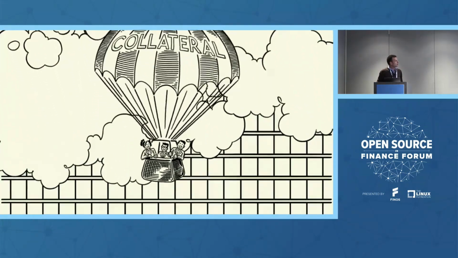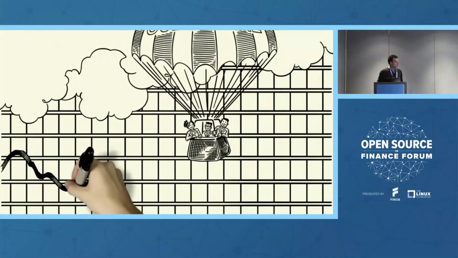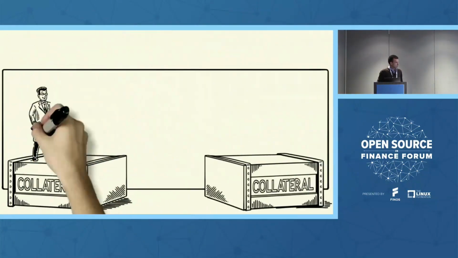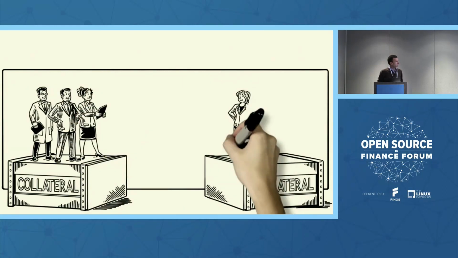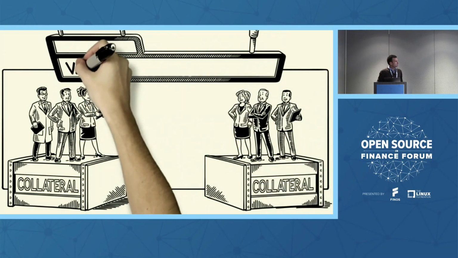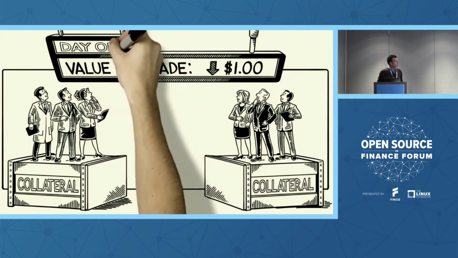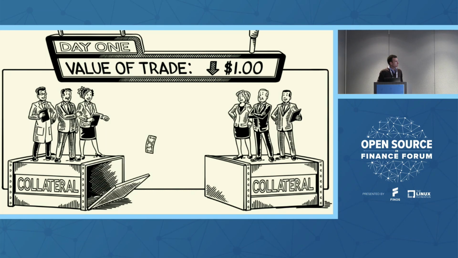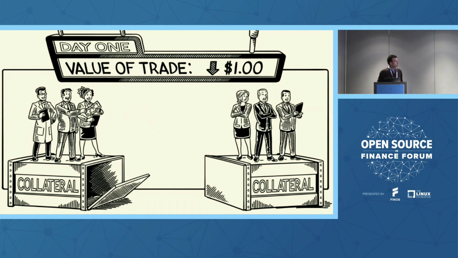In derivatives, however, the market value of the trade can vary from day to day. That's where variation margin comes in. Say two parties enter into a 10-year interest rate swap. If the market value of a trade changes by $1 on any given day, then $1 in collateral is delivered. That way, a firm would be paid what it is owed, even if the trade is terminated that day.